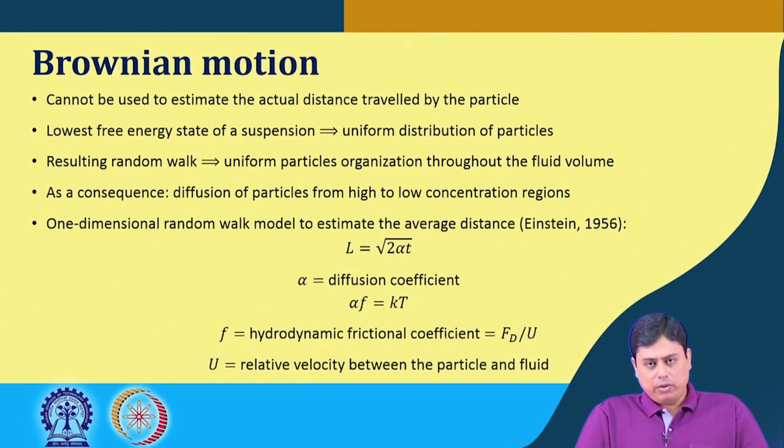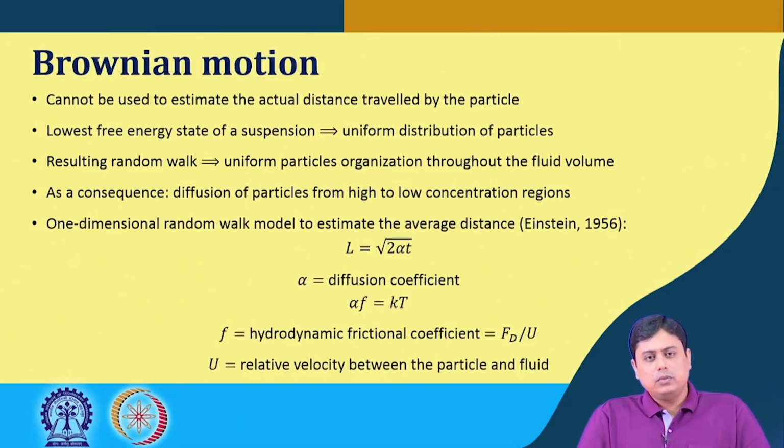So, this Brownian motion is basically a mechanism by which this resulting random walk generates a uniform profile in the suspension, so that the particles can organize themselves throughout the fluid volume in order to be in the lowest free energy state. So, as a consequence, diffusion of particles happens from high to low concentration region.